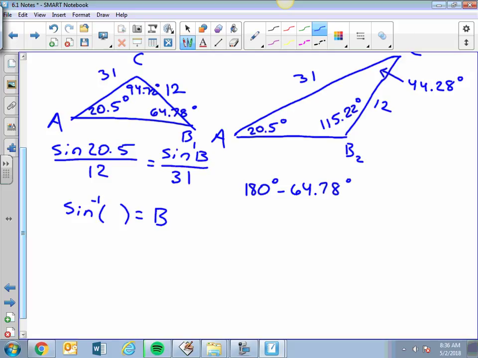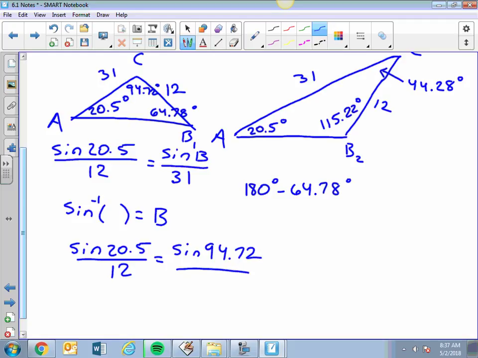So I usually take the sure one, which was angle A and sine A. So I'm going to go sine 20.5 over 12. And then that's equal to our sine C, which happens to be on the left side, 94.72. And then that's over C. All right. So if I cross multiply that, I should be able to figure this out without any inverses or anything like that.